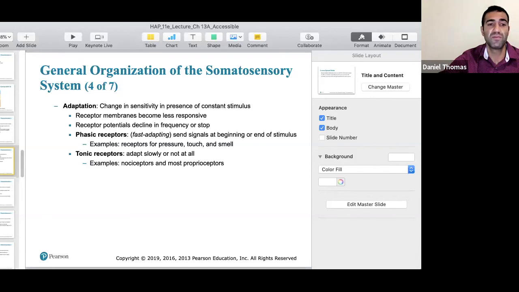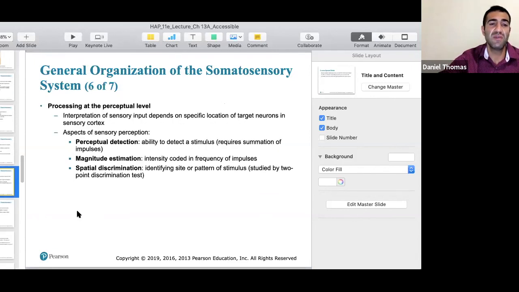Let's go back to the PowerPoint that I was talking so highly about. Okay, so now we're going to have major features of sensory reception. The first is perceptual detection.